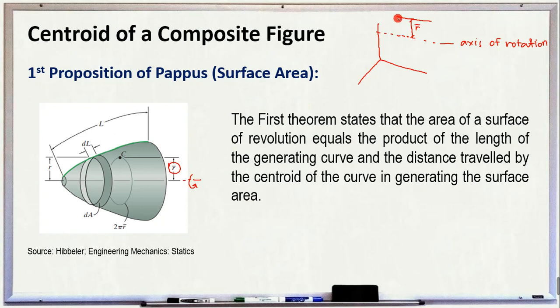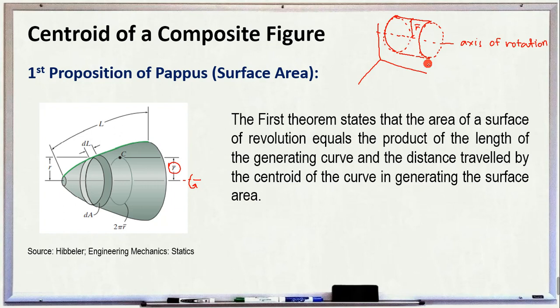Now if I rotate this along the axis of rotation, it creates this circular surface, more like a hollow cylinder, a very thin cylinder. And of course, not only that, we can also generate different surface areas out of different line configurations.